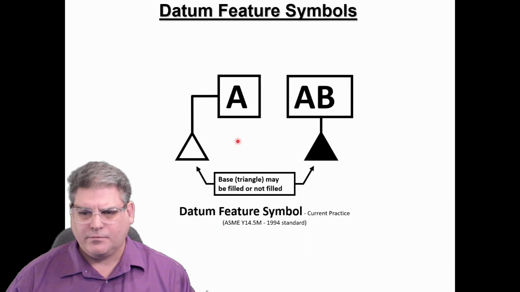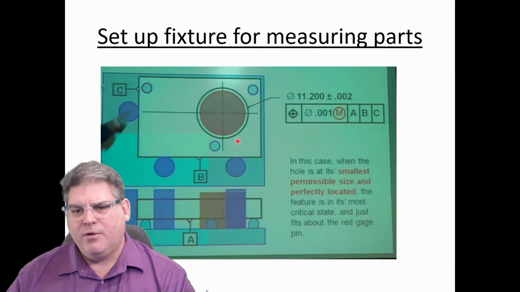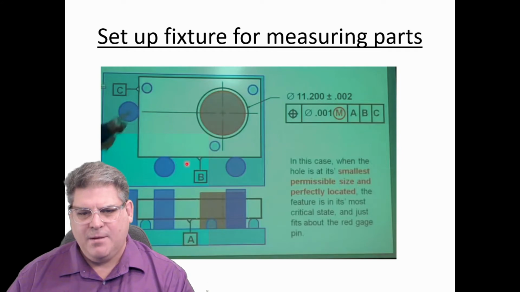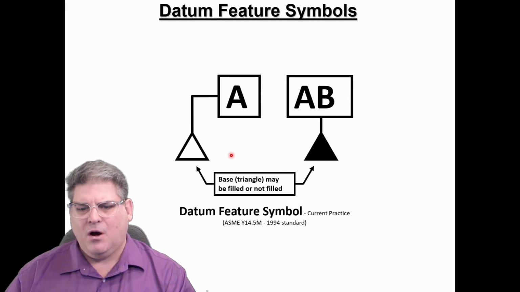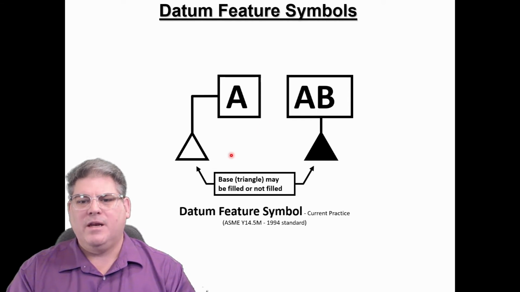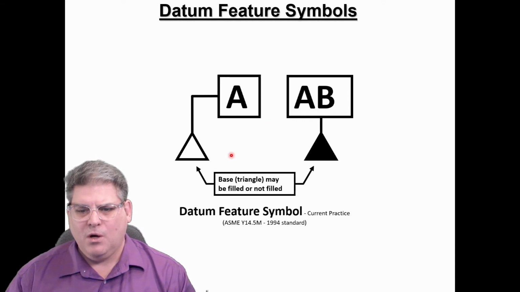Okay, so I referred here to datums A, B, and C, and you'll notice this little character. These are basically your datum feature symbols. And so the little triangles refer to the face or the feature, and they can be filled or not filled. It's somewhat irrelevant, but these are your datum features, okay?